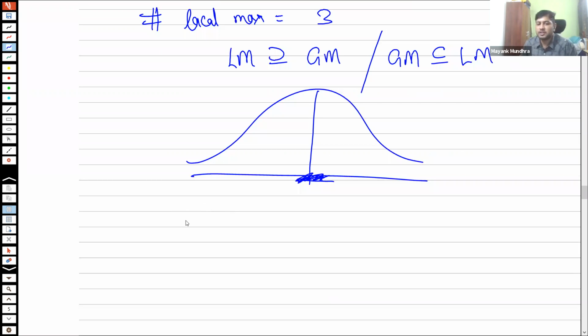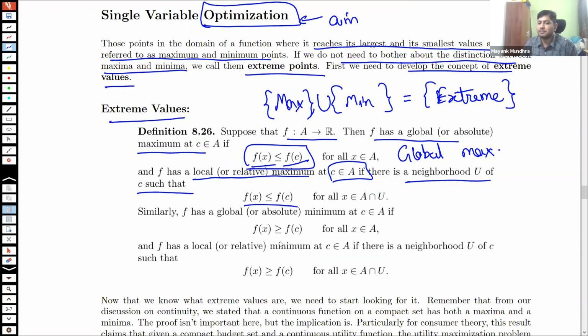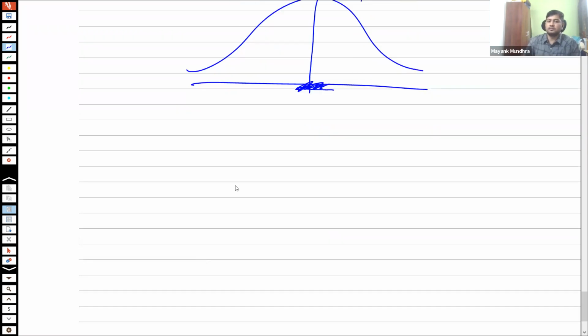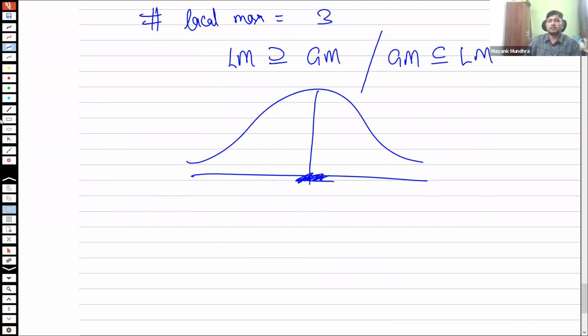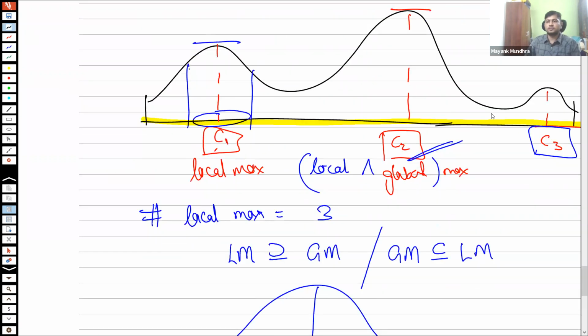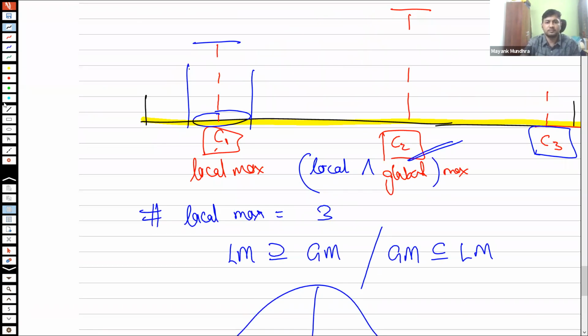Now, the function f has a minimum if the functional value at C is lower than every other point. So now you can imagine a function which, suppose for the same function here, right? Okay, let me draw a new function. That would be better.